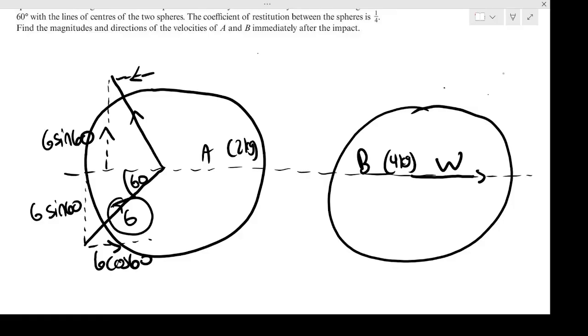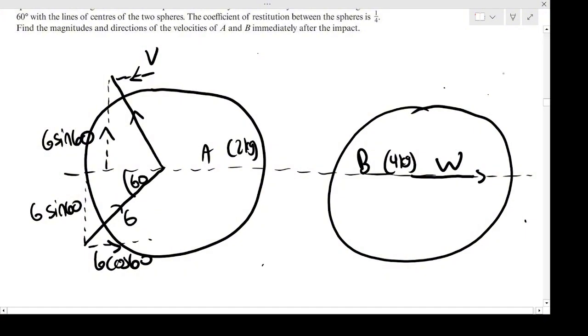So I'm just going to call it letter V for my parallel component afterwards there. Hopefully happy with that diagram. It can be a bit confusing to realize that for B, because it wasn't moving, there's no perpendicular component, so it's just going to have its speed completely parallel, completely horizontal. But hopefully that made sense.